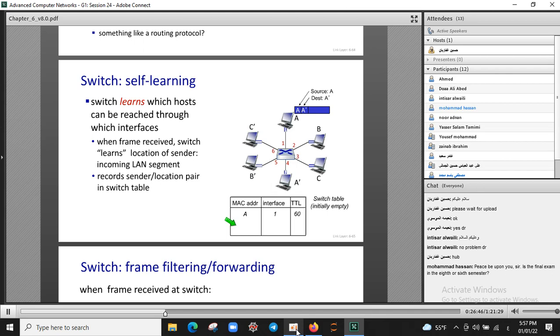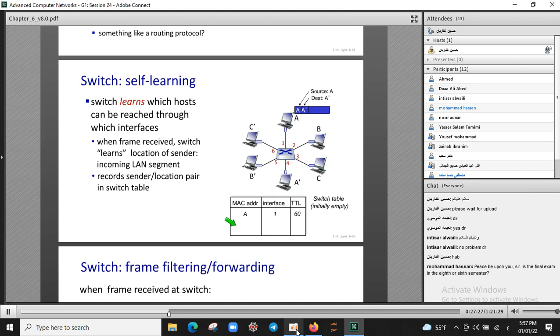If the switch learned about A prime in the past, it can find it in this table, and say, okay, I can reach A prime over this interface, for example, port number 4. So the switch will send it over port number 4.